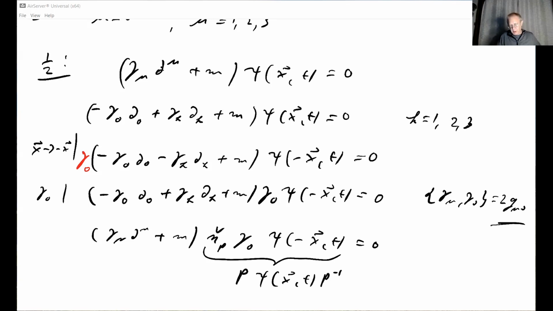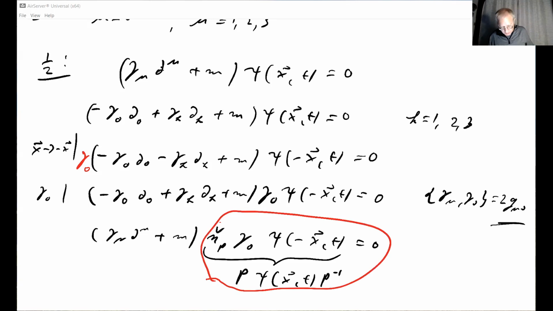And we have now established the fact that demanding that P acts in this way, as defined here, which is what I wrote down before, will preserve the Dirac equation.